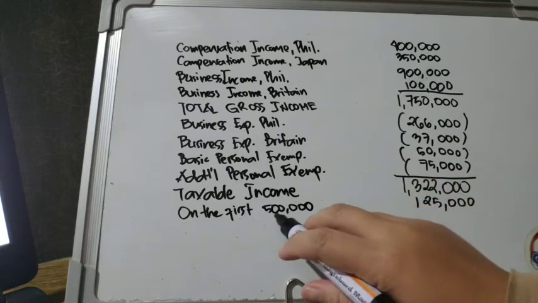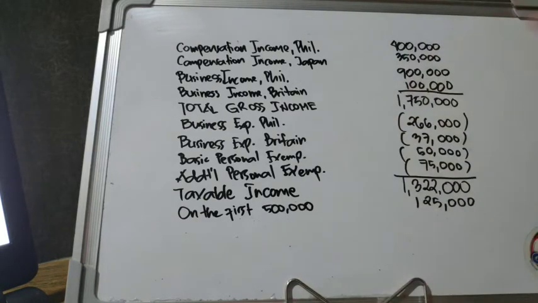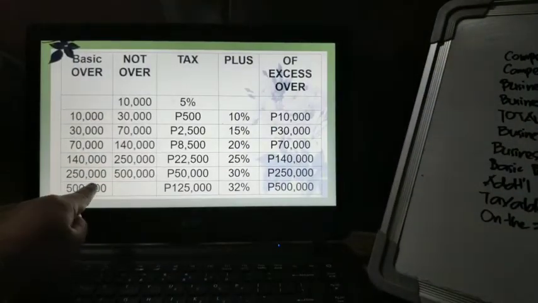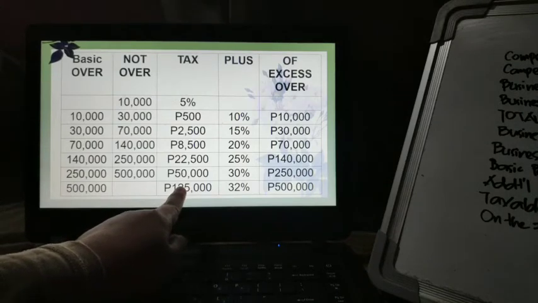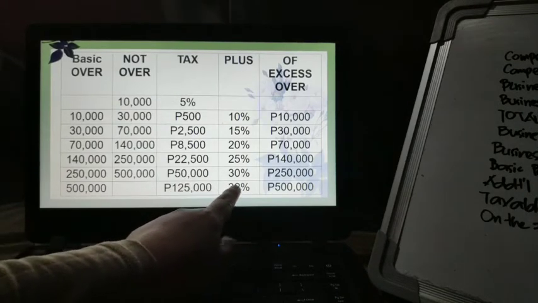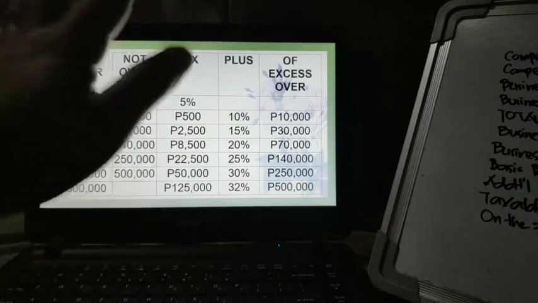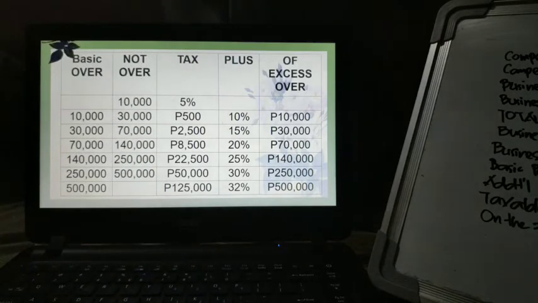Okay, from that, this 1,322,000, ililess mo siya sa 500,000. Okay, from that 500,000, so you are done with the first and the second and the third column. You are now to proceed of using the fourth and the fifth column. So, ang iyong 1,322,000 less 500,000, meron pang 822,000.